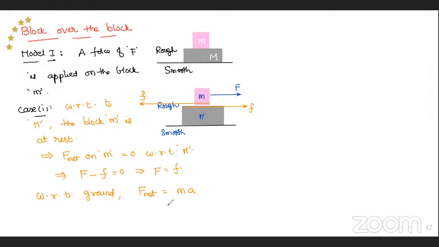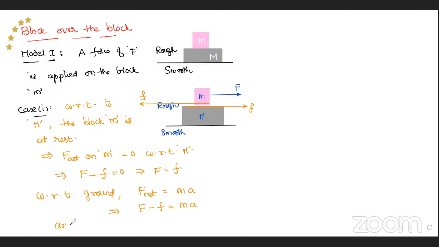Will you accept this one? With respect to ground. Why? Because with respect to ground, capital M is moving, and along with it the small m is also moving. Then in this case, with respect to ground, F net means again two forces are there. So F minus f is equal to ma.